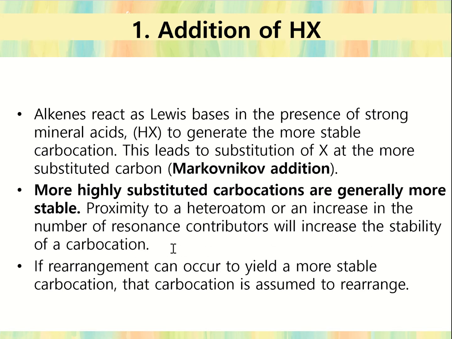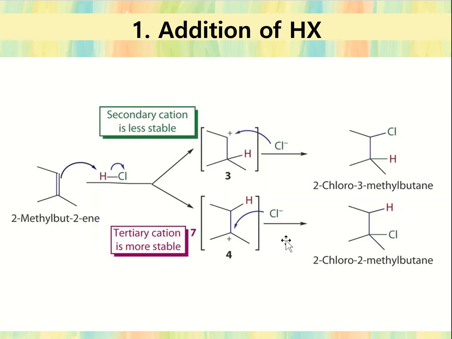We know this already. So if rearrangement can occur to yield a more stable carbocation, that carbocation is assumed to rearrange. So of course, we know about our 1,2 hydride shift or our 1,2 methyl shift. All right, so let's show an example here, right?